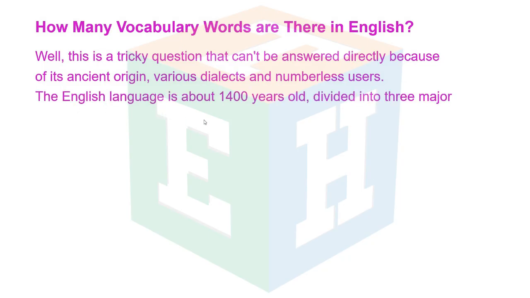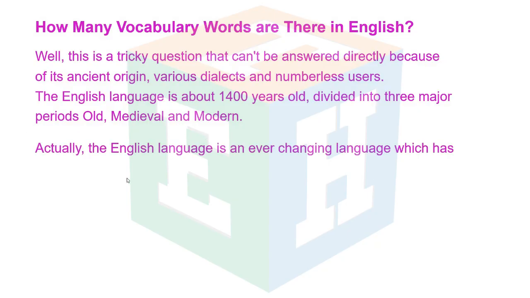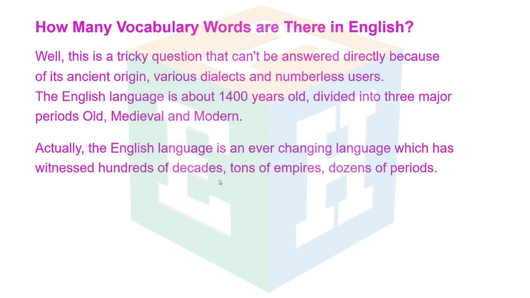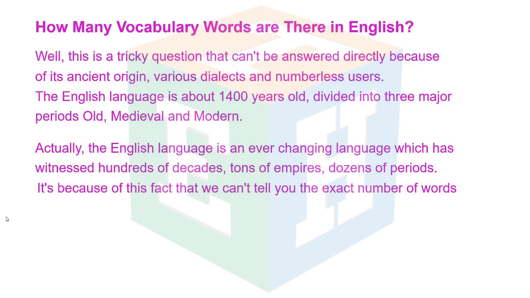The English language is about 1,400 years old, divided into three major periods: Old, Medieval, and Modern. Actually, the English language is an ever-changing language which has witnessed hundreds of decades, tons of empires, dozens of periods. It's because of this fact that we can't tell you the exact number of words in English.